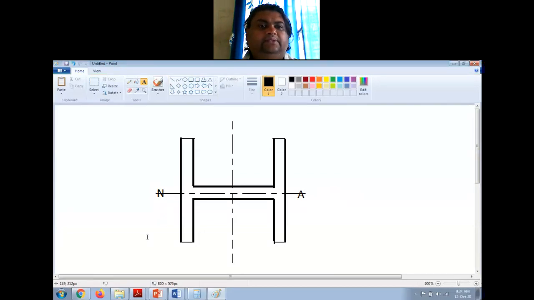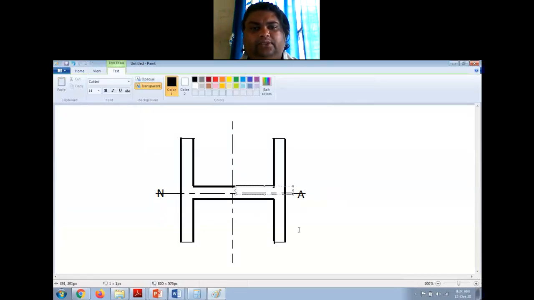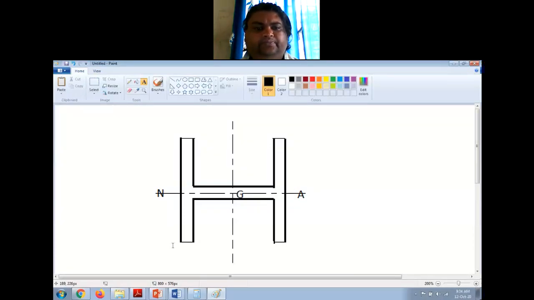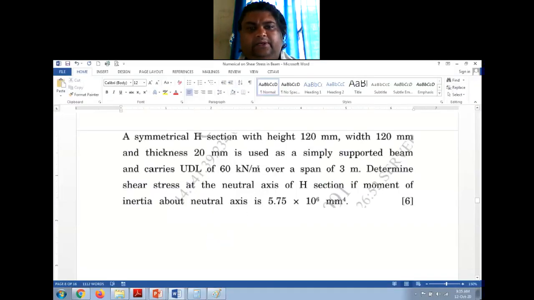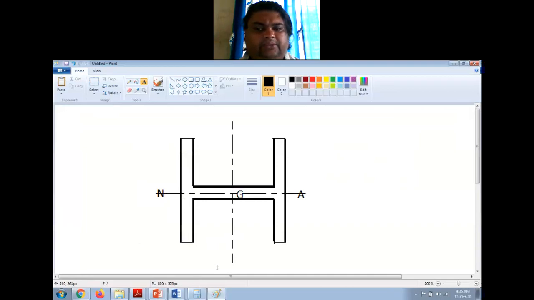This is my neutral axis. Now, by symmetry, I know this is the location of the center of gravity G. Now he has given this height as 120, this width as 120, and the thickness everywhere is 20 mm, right? So I'm not going to dimension now because I'm having shortage of time. So let us start solving this numerically.